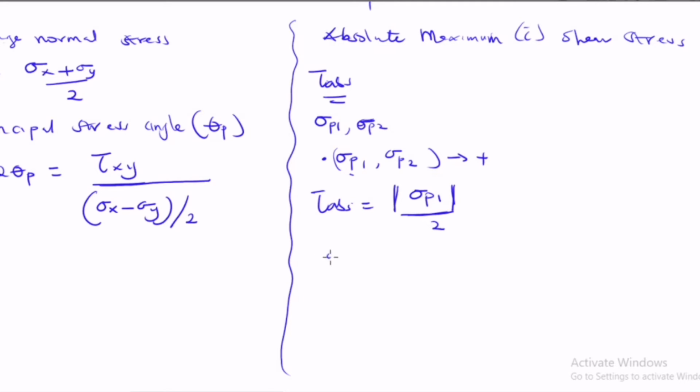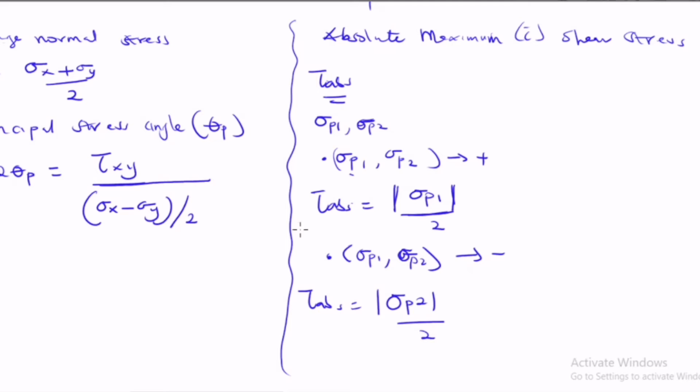The second condition is that if the principal stresses that you find are all negative, you had these answers all negative, then the formula you're going to use is the absolute value of the principal stress 2.